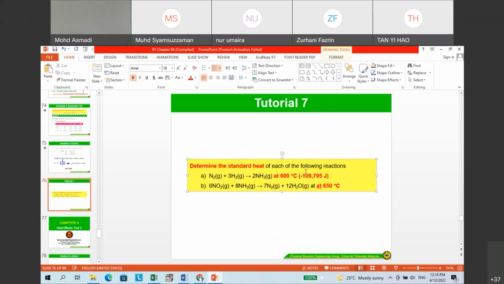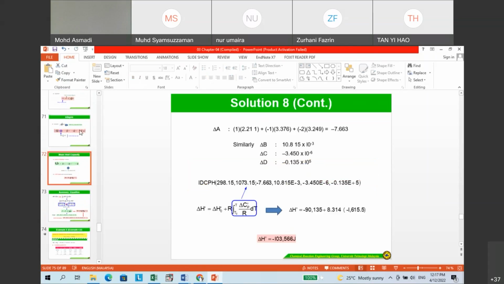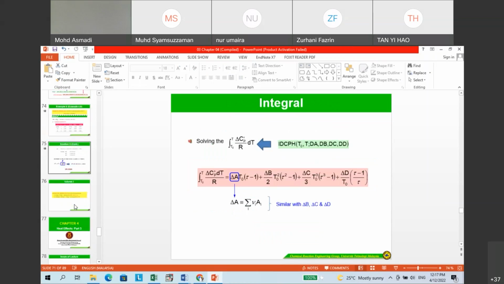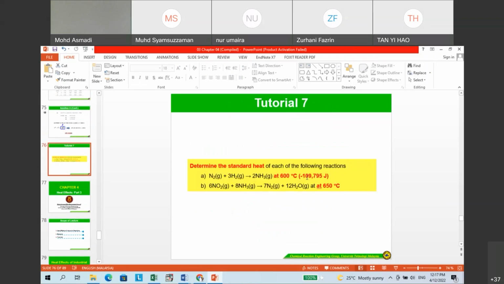Or maybe I'm the one who gave a wrong answer. But I tried both methods, using the mean heat capacity and also this integration, and I got this value. So please recalculate. If I'm wrong, please do let me know.